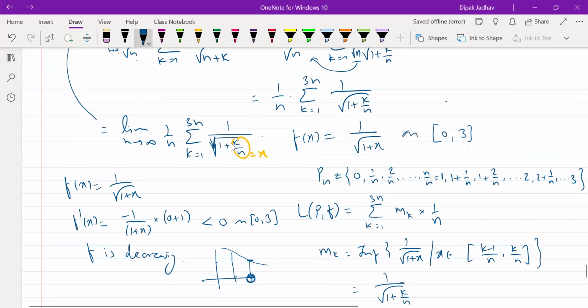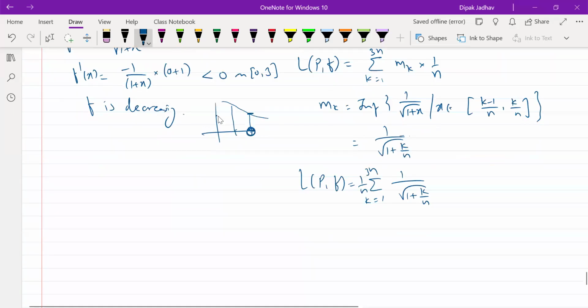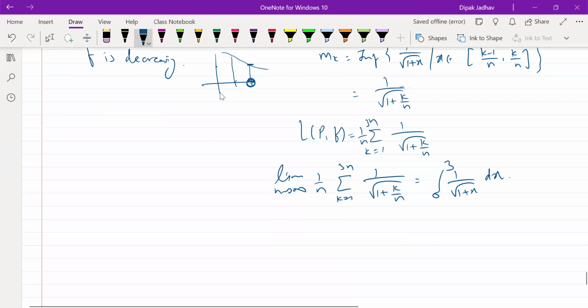So the limit as n tends to infinity of 1 by n, summation k from 1 to 3n, 1 by root of 1 plus k by n, will be equal to the integral 0 to 3 of 1 by root of 1 plus x dx. Evaluate this and tell me what is the answer.